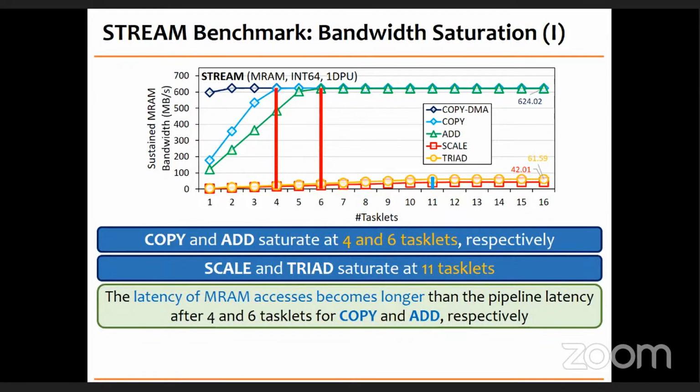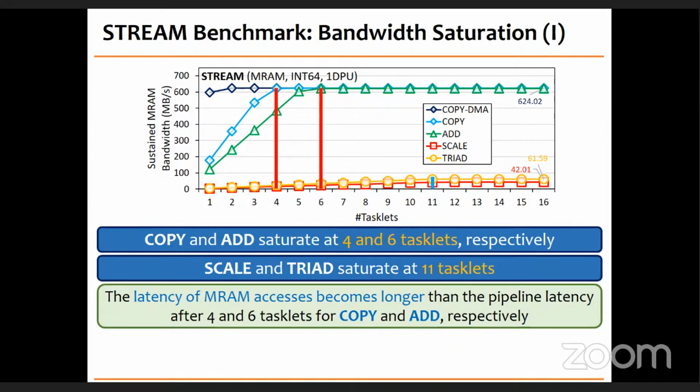So in the end, when we increase the number of tasklets executing on the pipeline, we are not really increasing that much the total pipeline latency. Why is that? Because it's pipelined, and as we were discussing before, we are going to terminate one instruction every cycle. So at some point, this balance between latency of memory accesses and latency of pipeline execution changes.